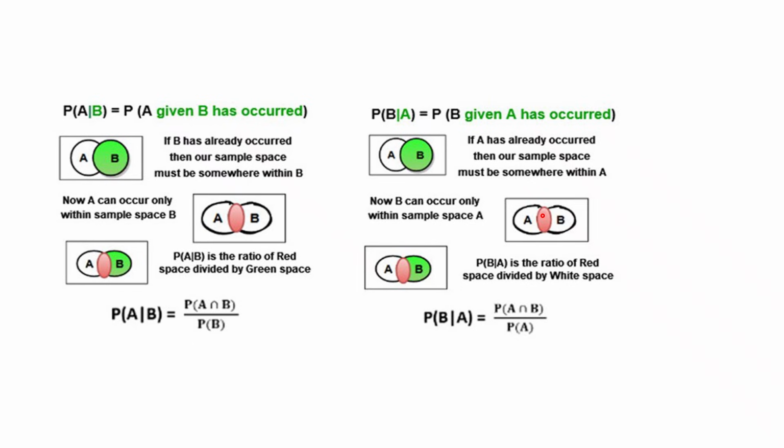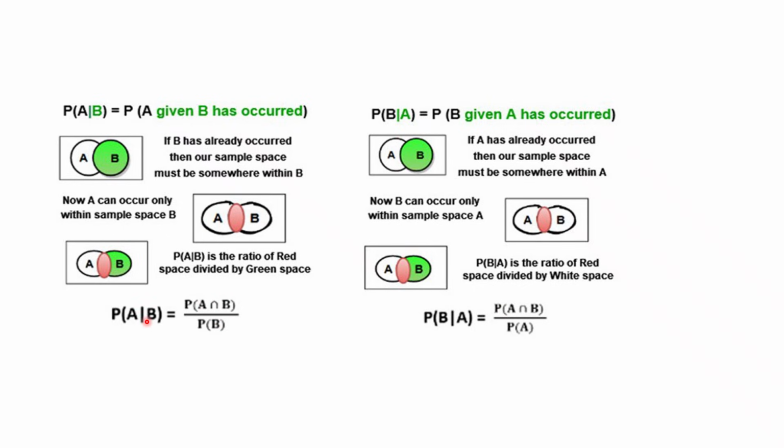The red common part will be the same, and it will be divided by A, which is in white in color originally. So we are getting P(B given A) as P(A intersection B) by P(A), and P(A given B) is P(A intersection B) by P(B). You can see this and this are the same.